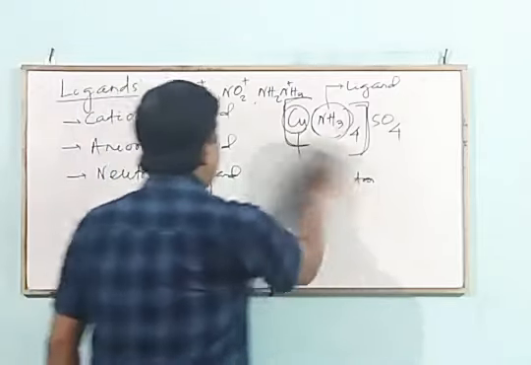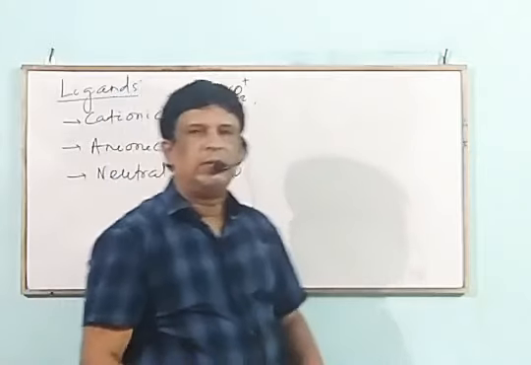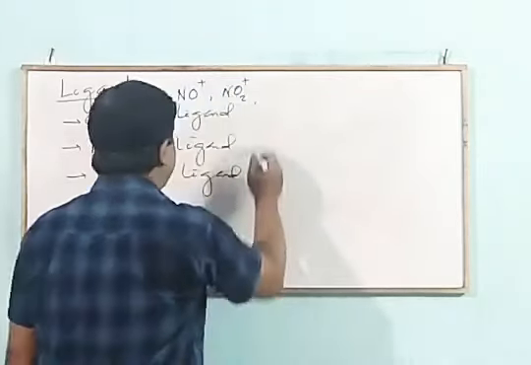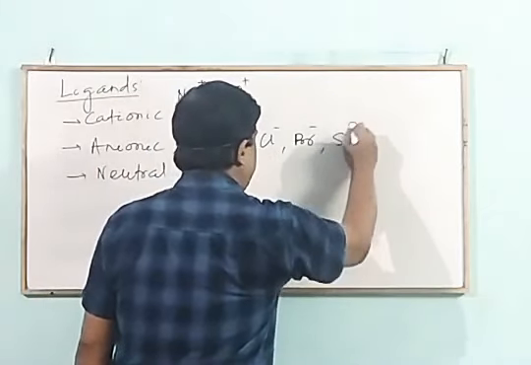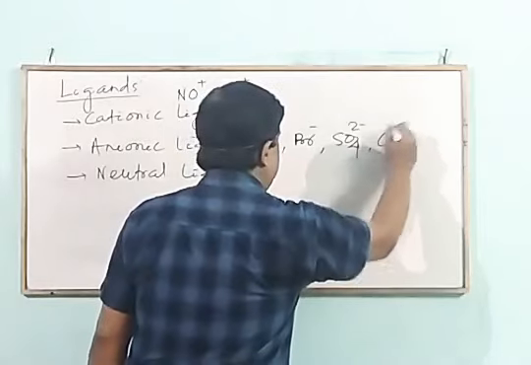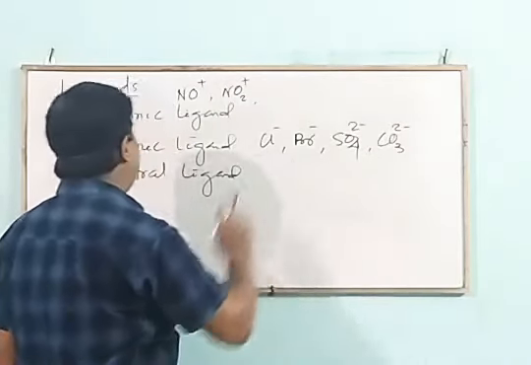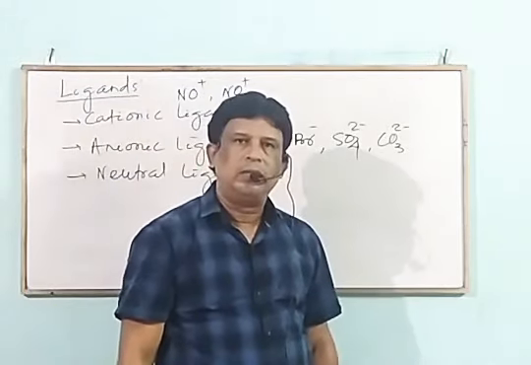Next is anionic ligand. If a negative charge is present, then it is known as anionic ligand. For example, Cl-, Br-, SO4 2-, CO3 2-: chloride ion, bromide ion, sulfate ion, carbonate ion. These are known as anionic ligands.